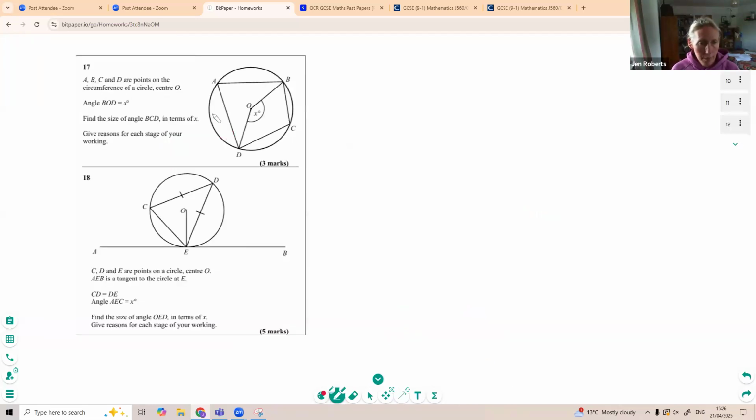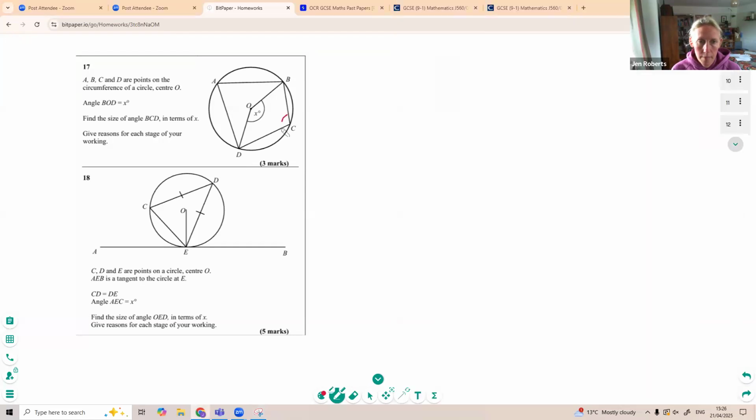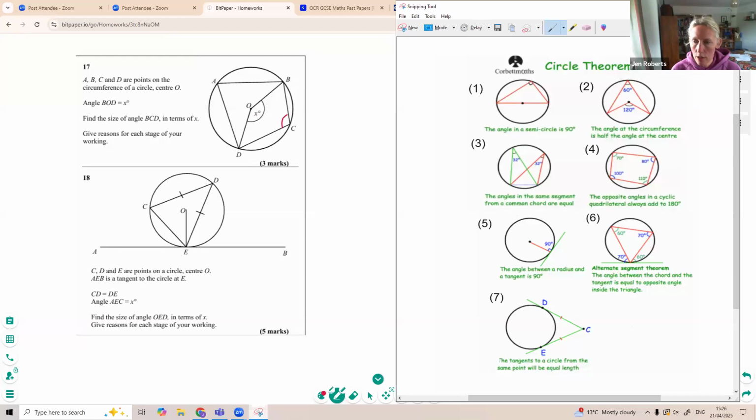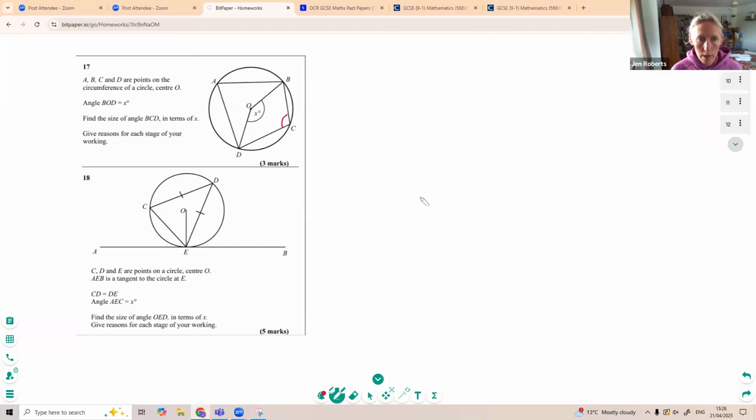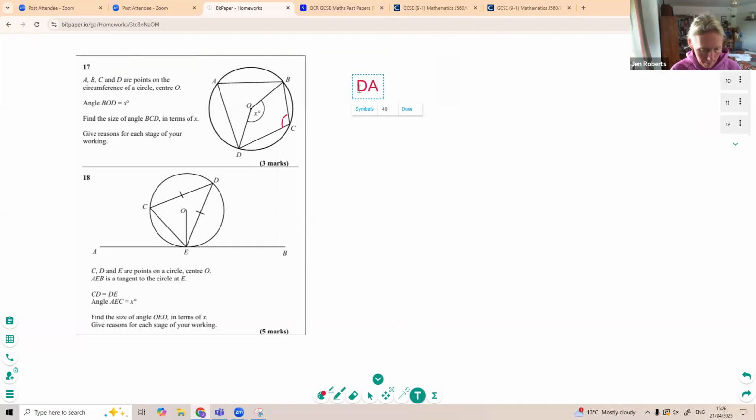Last 2 questions. Find BCD in terms of x. Give reasons for each stage. Circle theorem number 2, we've got an angle at the centre and an angle at the circumference. So DAB is half x.